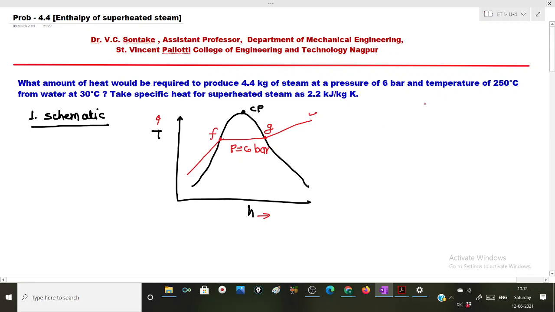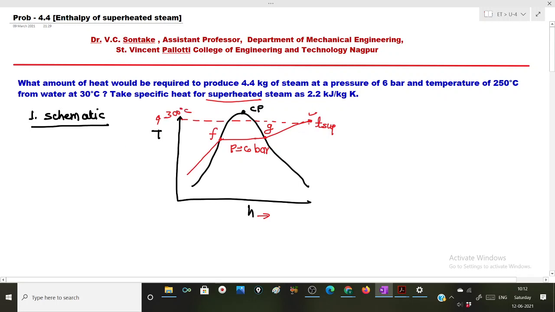So we have been given temperature of steam as 250 degrees Celsius, and in the problem it is mentioned it is superheated steam. So somewhere here this temperature will be for superheated steam, and this temperature is 300 degrees Celsius.